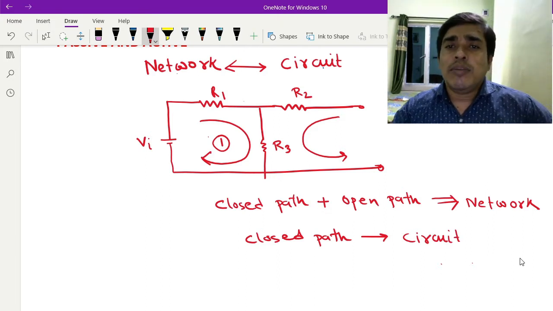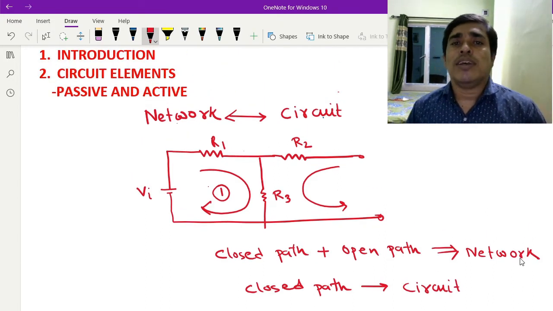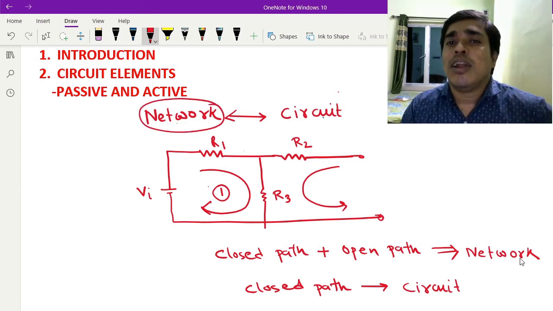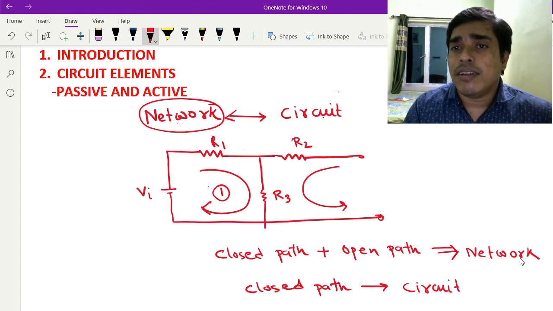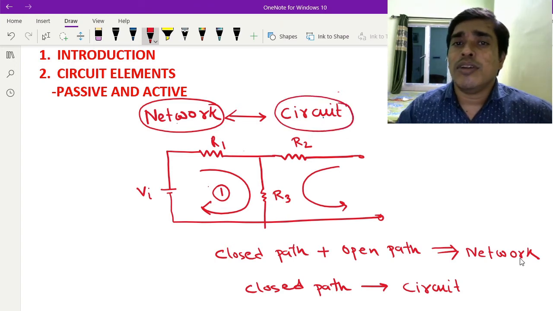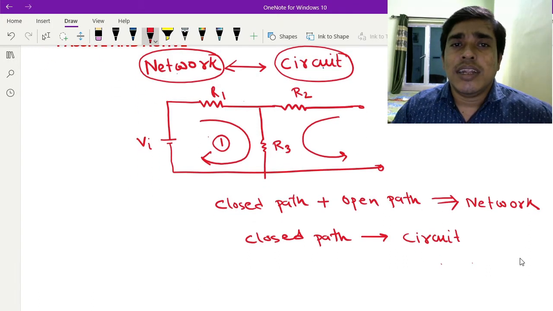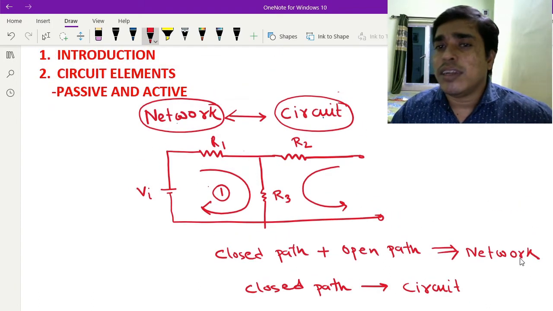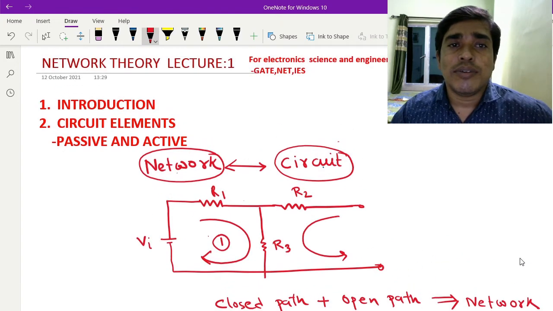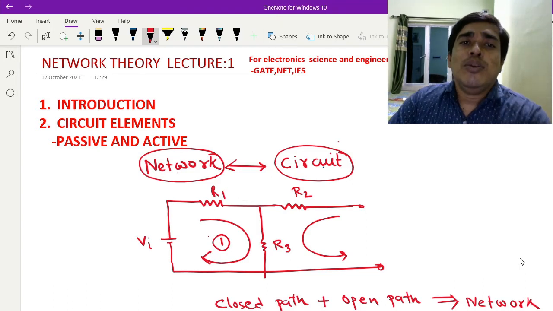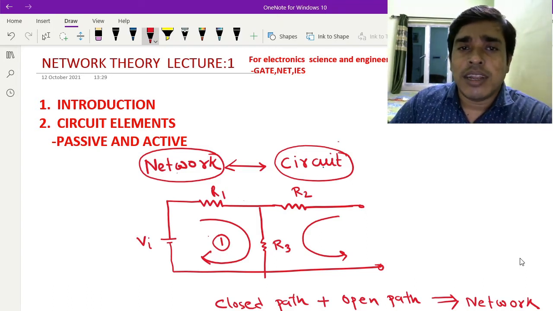So in the broader sense we use network, and in a limited part of this network is a circuit. All circuits must be networks, but not all networks are circuits. So in this lecture we will use both words, network and circuit.